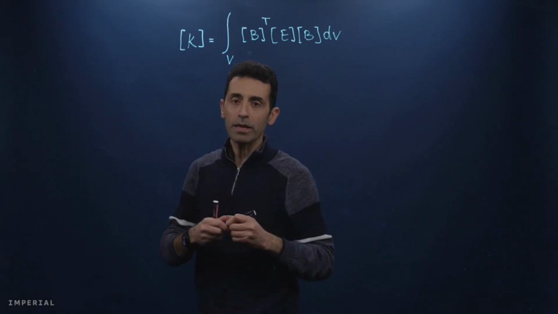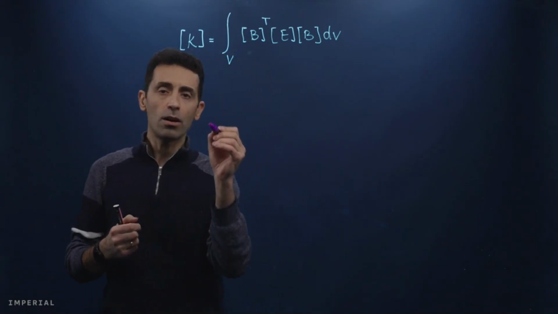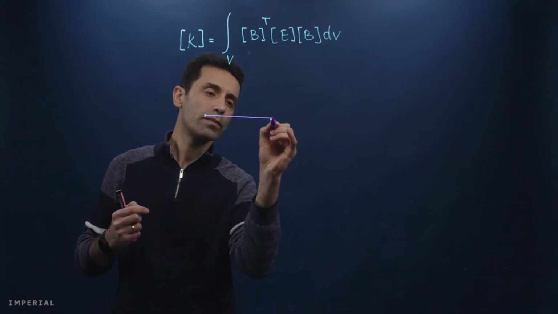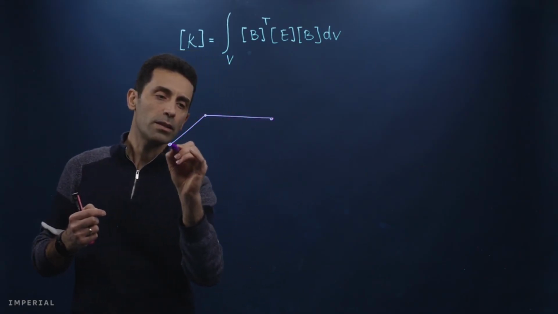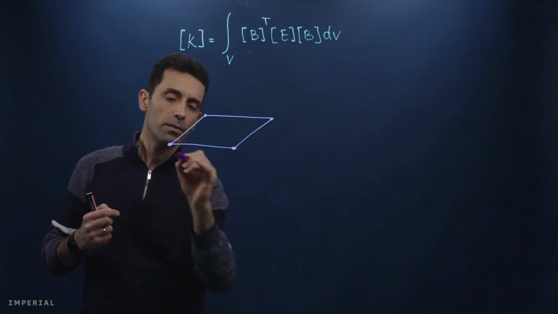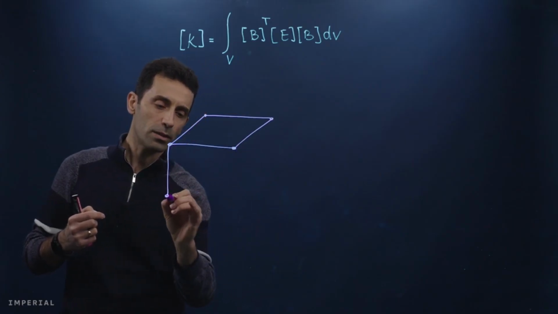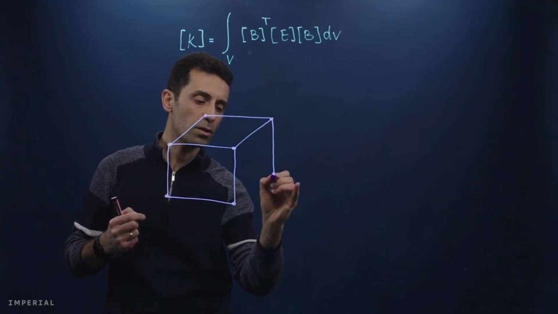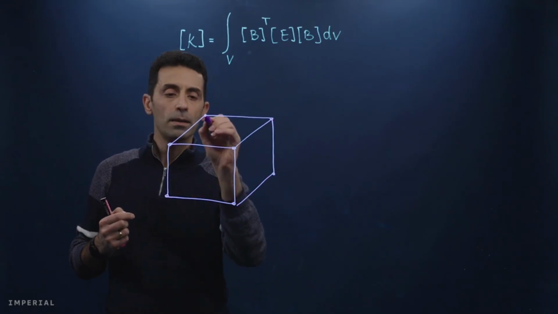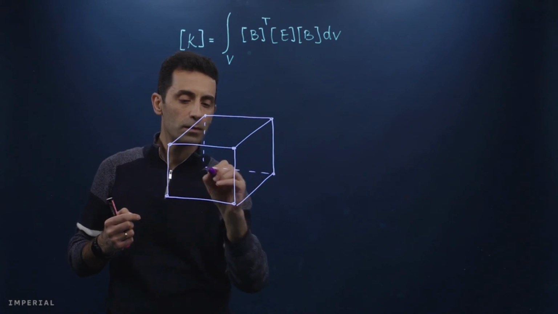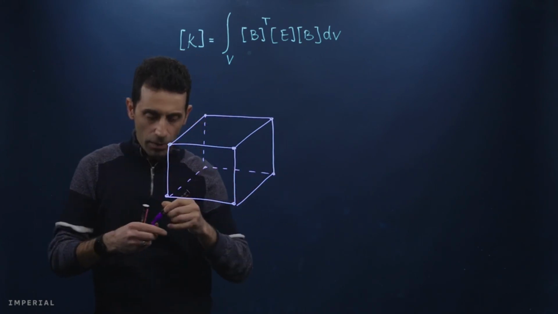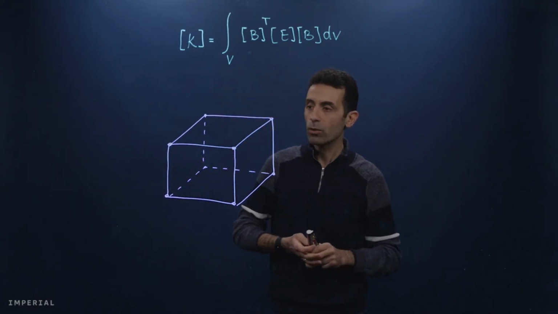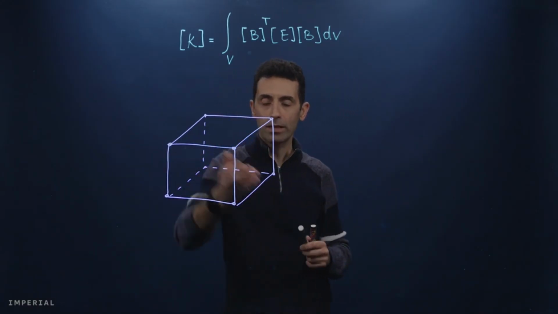So if we focus on a linear hexahedral element, let's say this hexahedral element, which is linear, it's made of 8 nodes. We can use 8 Gauss points in order to integrate this one.